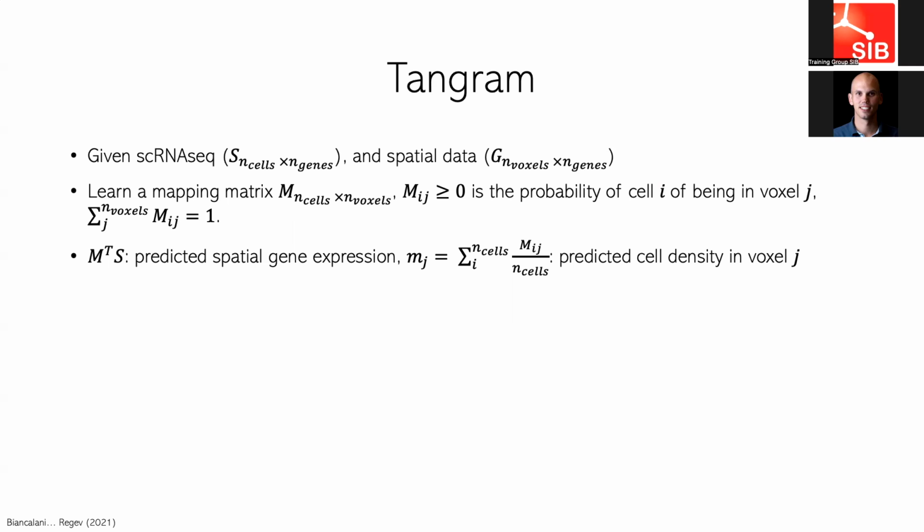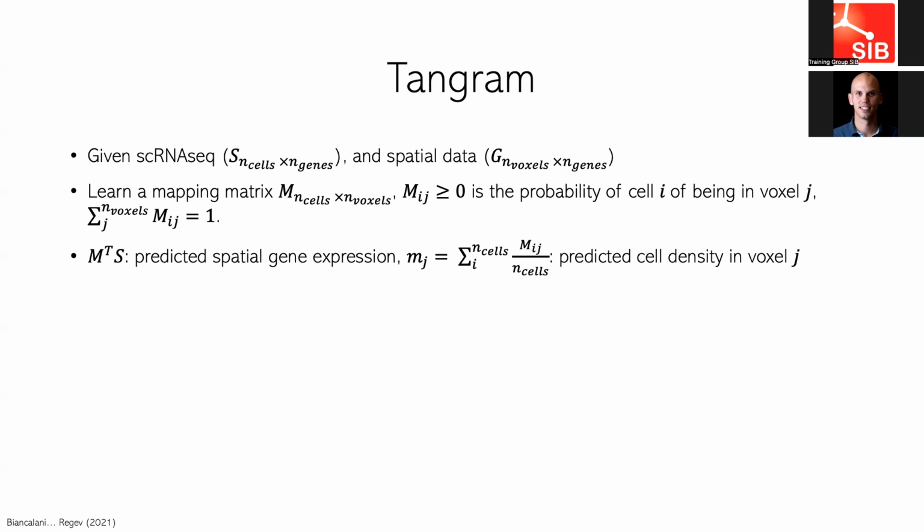If you multiply the transpose of this mapping matrix by S, you get the predicted gene expression of spatial locations, because it's the mapping of the single cells to locations.